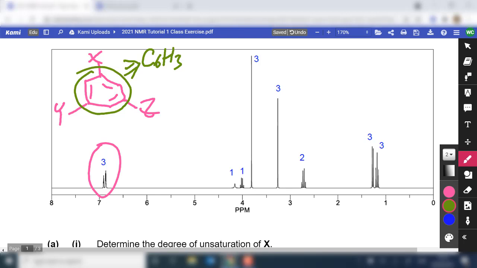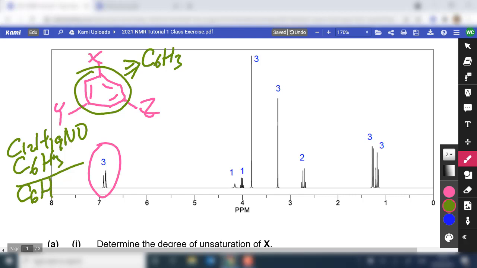From the formula given to me, which is C12H19NO, I will subtract away C6H3. If I perform the subtraction, I get C6H16NO.